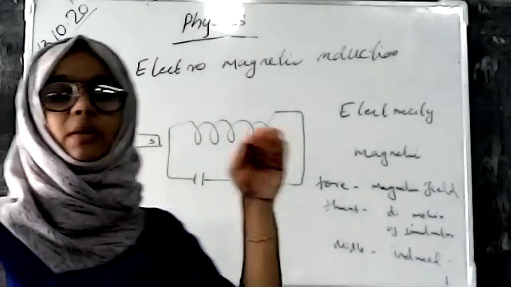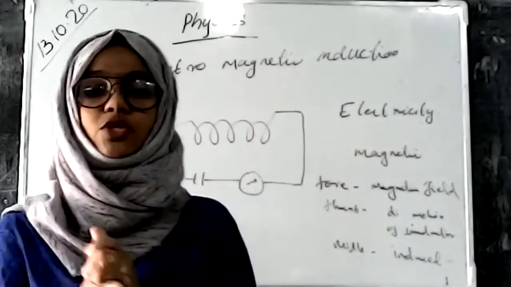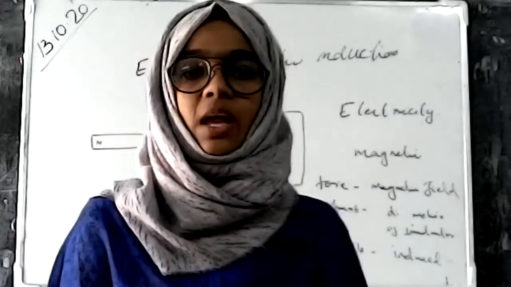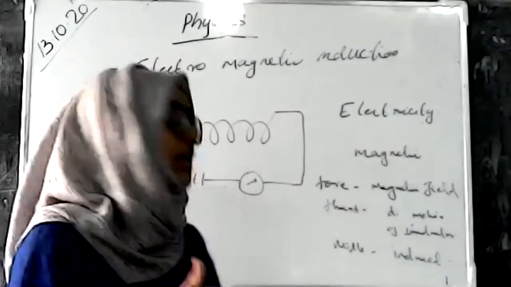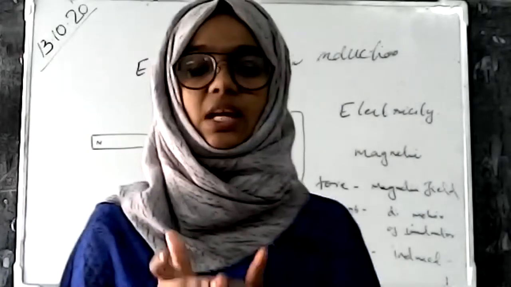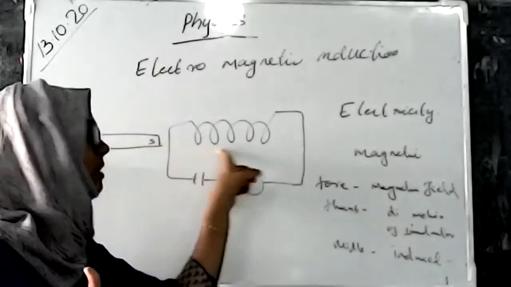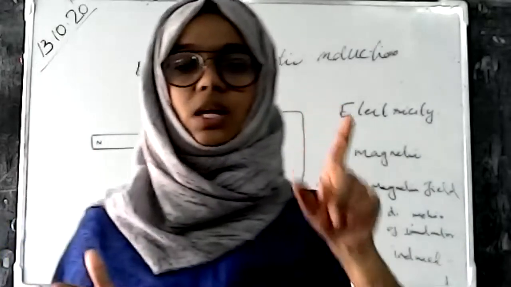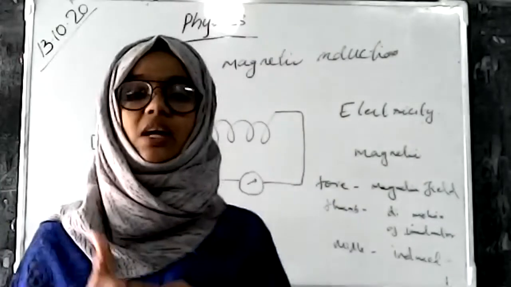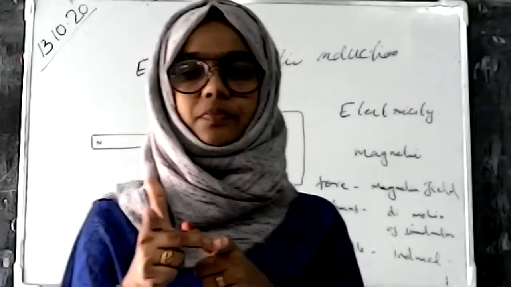So the motion of the bar magnet into the solenoid is the direction of motion of the conductor. And the middle finger represents the direction of induced EMF. When we move the bar magnet inside the solenoid, there is an induced EMF. So the middle finger shows the direction of induced EMF.